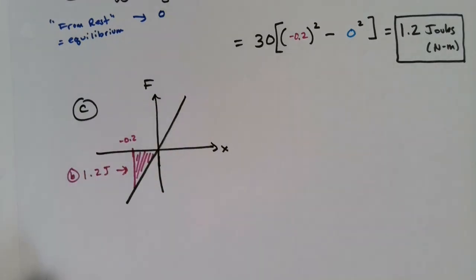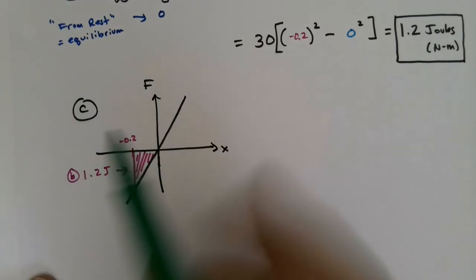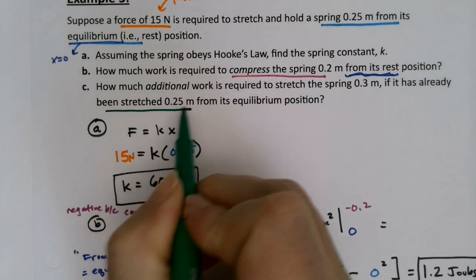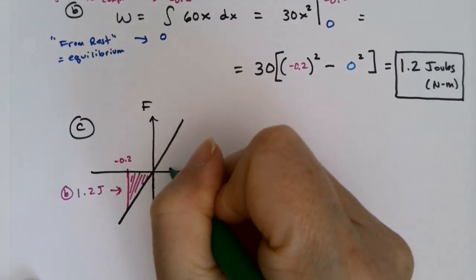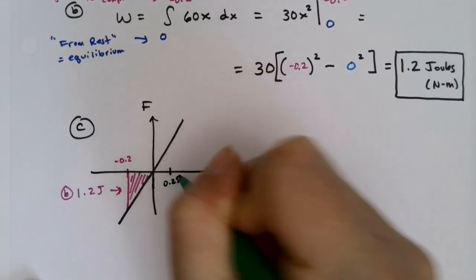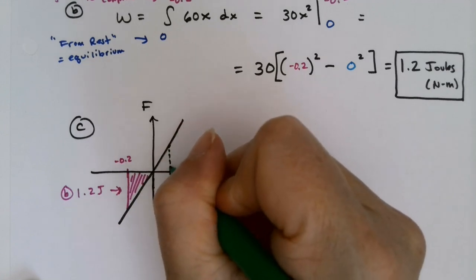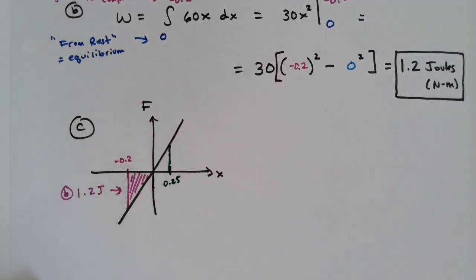For the one that they're currently asking us for, they're saying, hey, it's already stretched. It's already been stretched 0.25 meters. See that? So we're actually sitting here at 0.25. This will not be to scale, but bear with me here. All right, so you're sitting here at 0.25 right here. It's already been stretched that far.